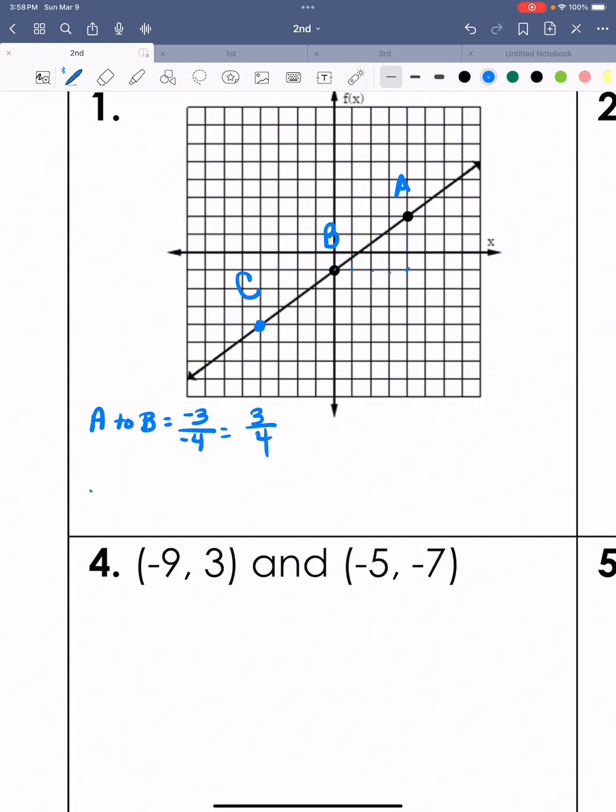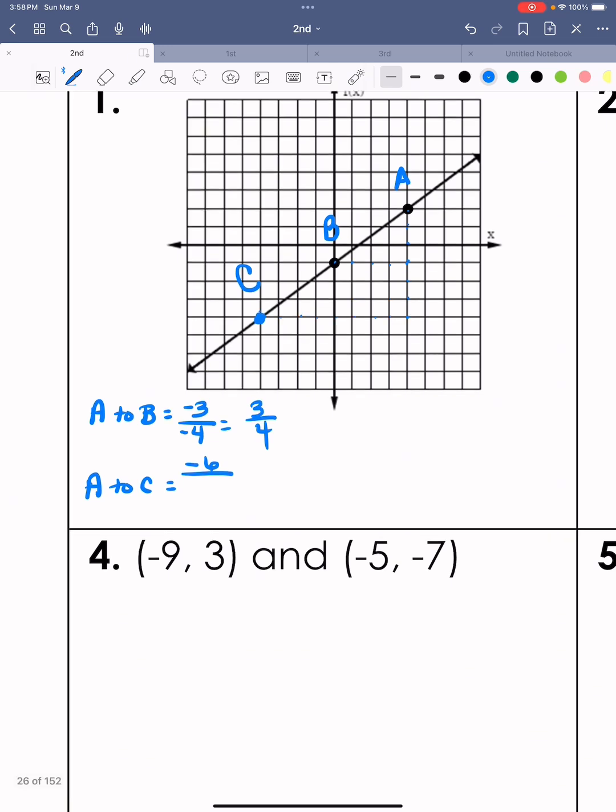Now I want you to find the slope between the points A and C. We're going to rise from A, 1, 2, 3, 4, 5, 6, so that's -6. And then we're going to run 1, 2, 3, 4, 5, 6, 7, 8, -8. Now if you simplify that, you get 3/4.